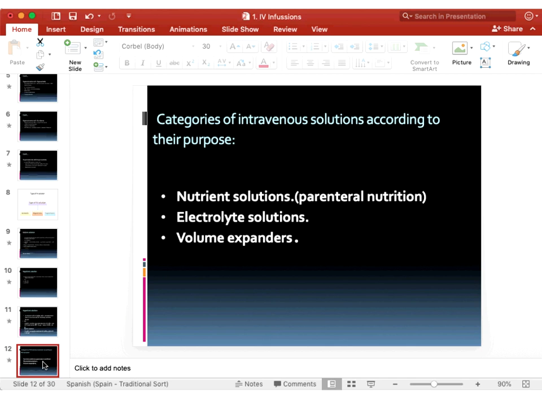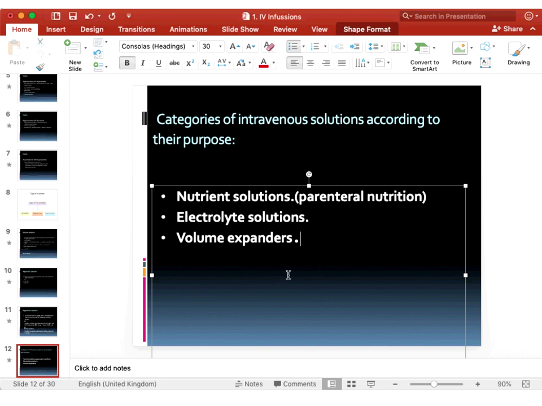So, what kind of solutions do you have? You have nutrient solutions. We're going to address that in subject number 7, which is parenteral nutrition. You have your electrolyte solutions, which are the crystalloid solutions that we've already seen, such as normal saline, Hartmann solution, or mixed solution. And you're going to hear something about volume expanders. Careful, careful.